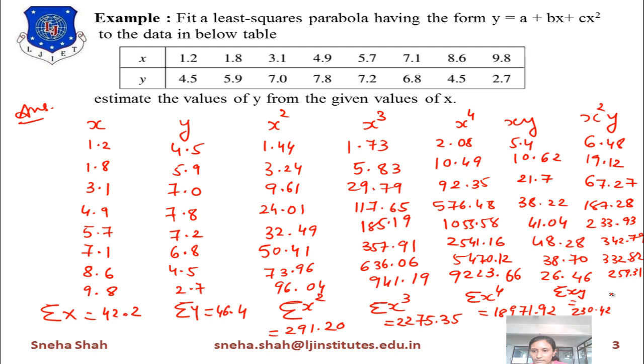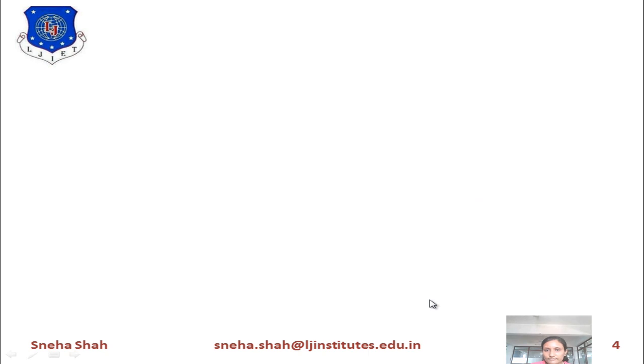Now if I am adding all these terms, it will give you the answer of summation x square y, and its answer is 1449. Now I will use all these values in the next terms.